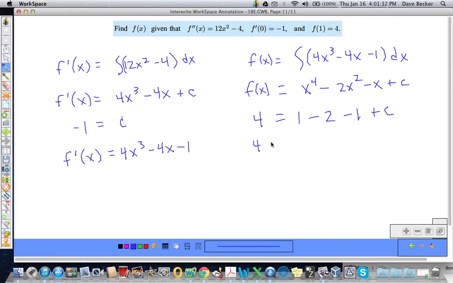So 4 is going to equal -2 plus c, or 6 is going to be equal to c, which means that f of x is going to be equal to x to the 4th minus 2x squared minus x plus 6. And to check it, we could take the first derivative. We better get this, and then take the second derivative, and we better get 12x squared minus 4, which we would.